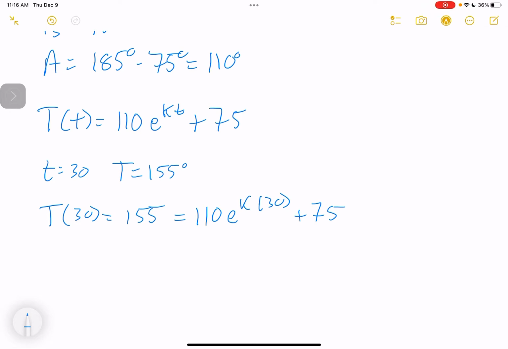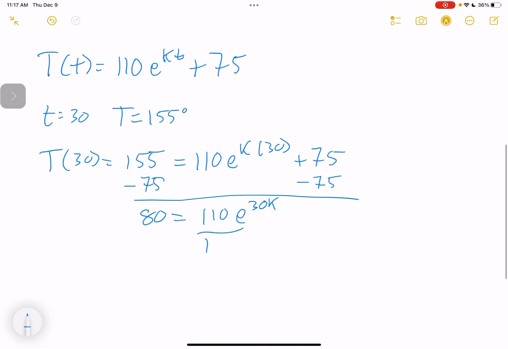So e is just a number. Don't panic about that, and we can easily work around that. So I can subtract the 75 from both sides. And we'd have 80 equals 110 e to the 30k. And then I'll divide this by 110.